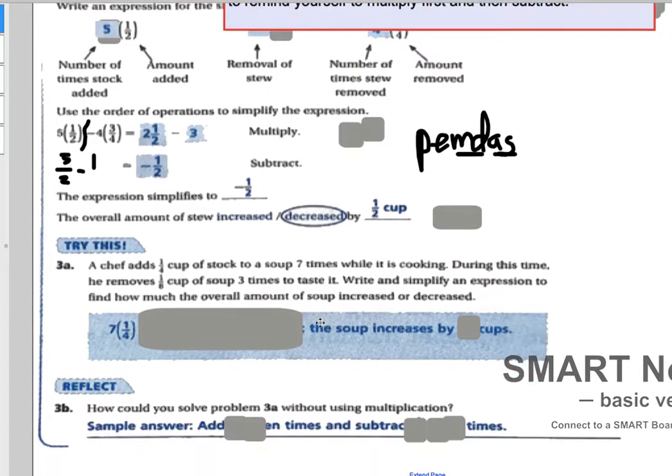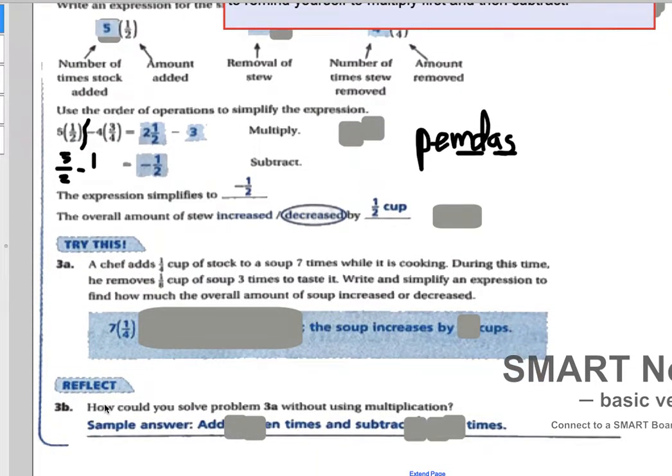So I'm going to have you guys try these two parts and do it on your own, but I'll read it aloud and then you push pause. So starting over, a chef adds a 1/4 cup of stock to a soup 7 times while it's cooking. So I kind of started this: 7 times a fourth cup. During this time, he also removes 1/8 of a cup 3 different times to taste it.